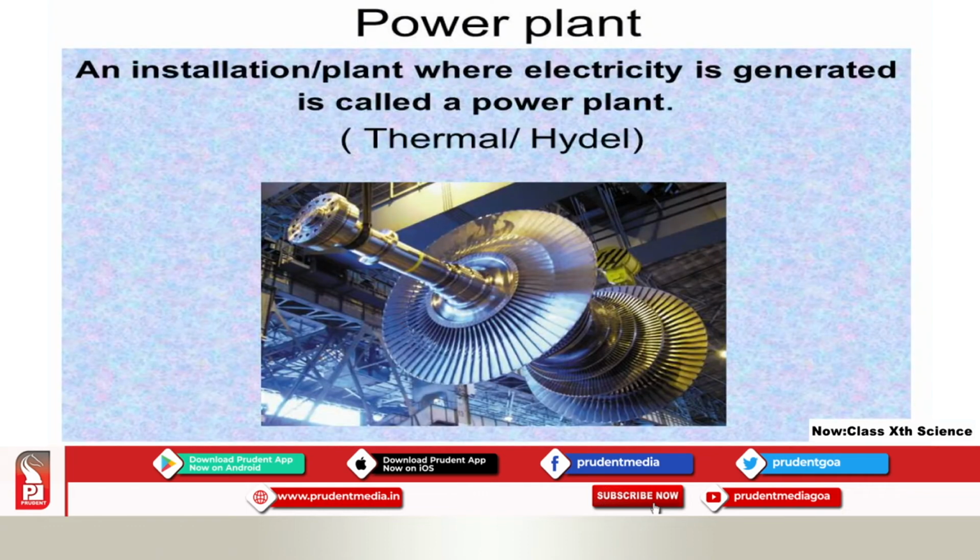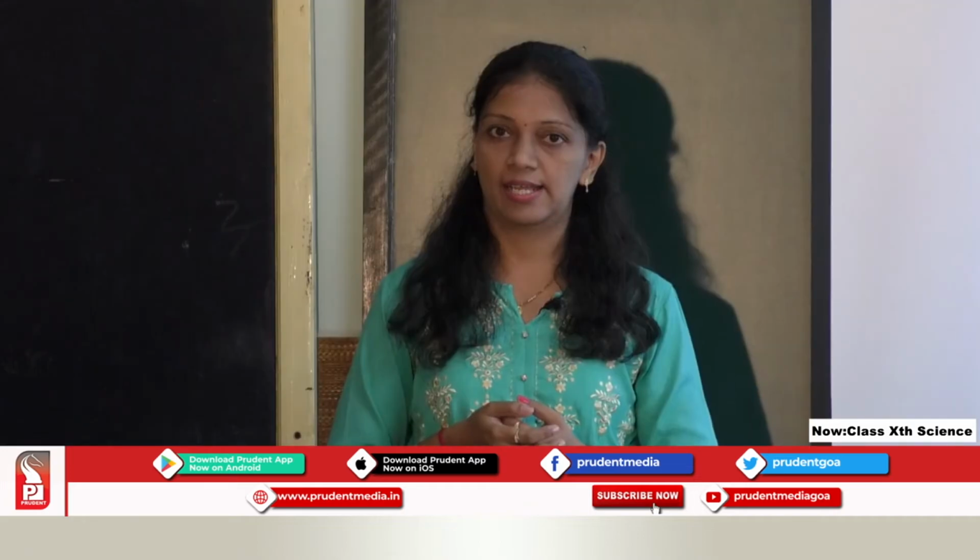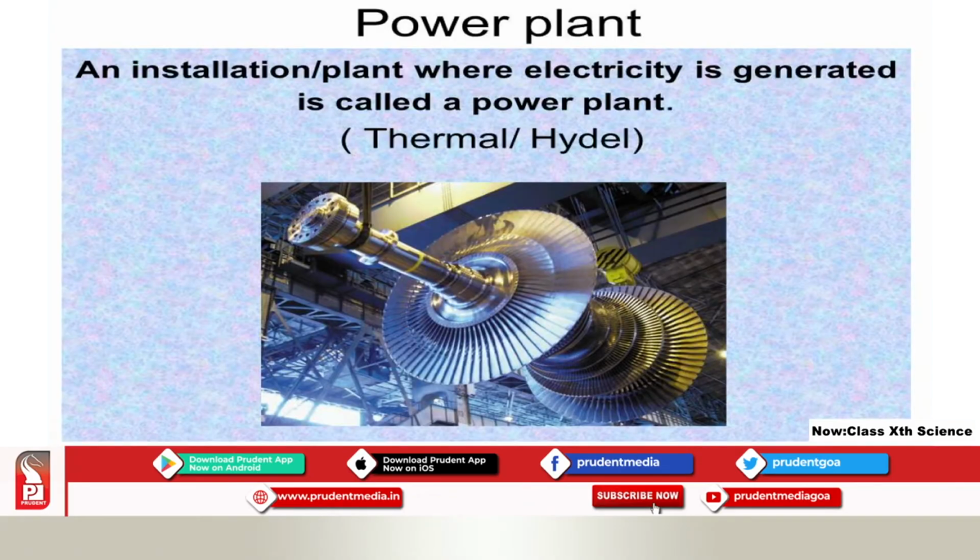Now what is the concept? The concept is that by any means this turbine needs to be moved. When the turbine is rotated, the mechanical energy is converted into electrical energy. I repeat, the turbine needs to be moved, and when it is rotated, mechanical energy is converted into electrical energy.